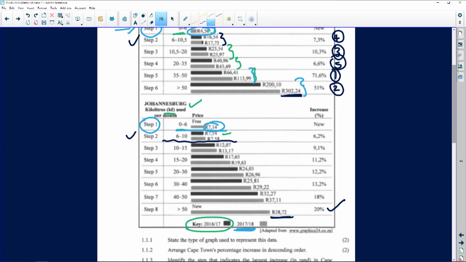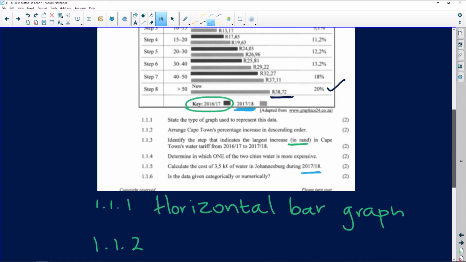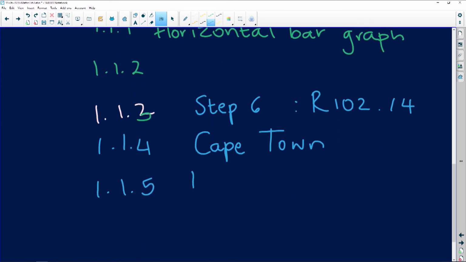So it's going to be 3.5 kiloliters of water times, it's Johannesburg, remember, and Johannesburg is 7 rand and 14 cents.